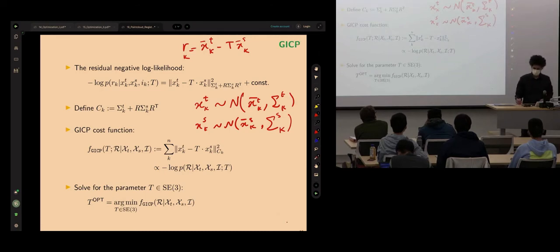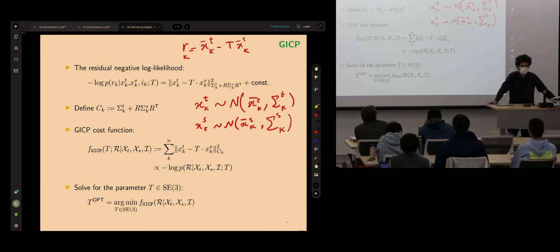So now this residual is the difference between 2 points that are normally distributed. What is the distribution of the residual? We can show that the residual is an affine function of these 2 points.